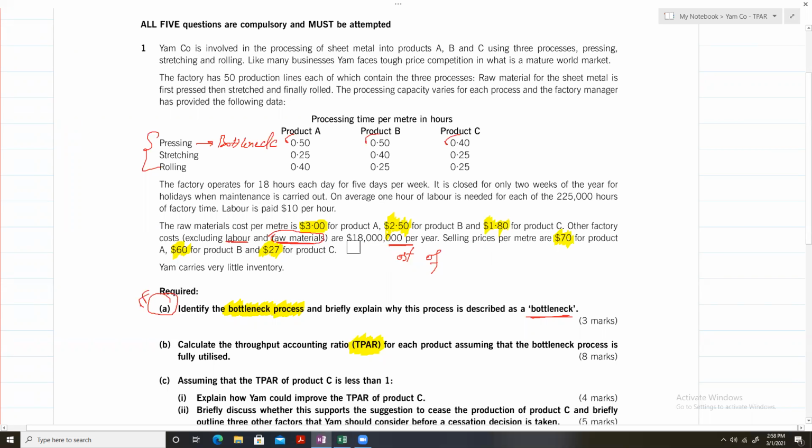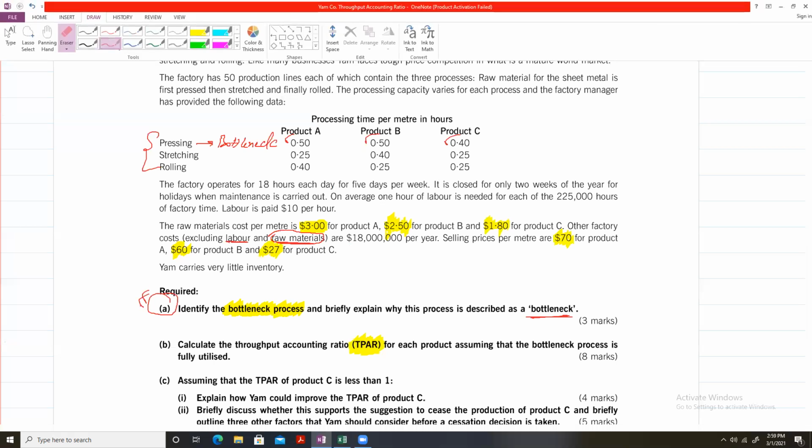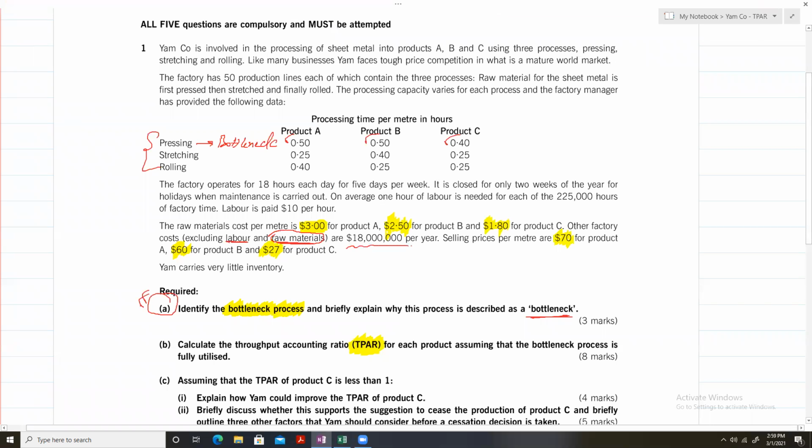We need to add the cost of labor to this cost, 18,000. I am rounding this figure to 18,000.